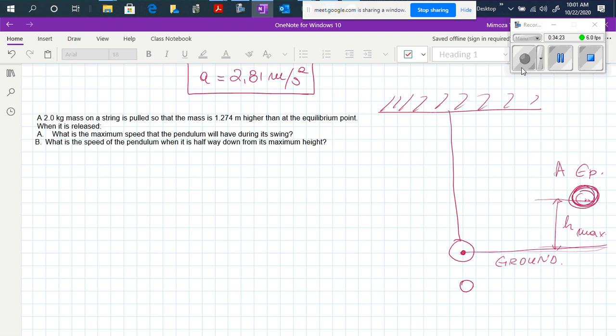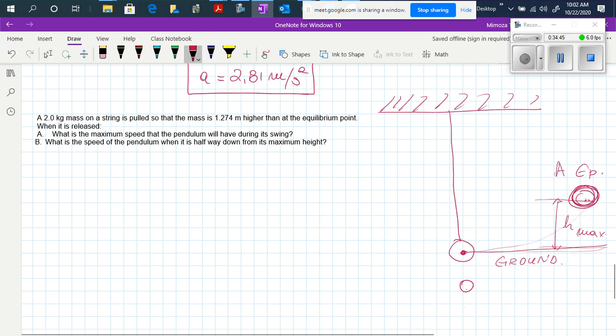Okay, so as it is moving from point A to point 0, the equilibrium, this gravitational potential energy is transformed into kinetic energy. So at equilibrium, what you actually have is the maximum speed that the pendulum can have.